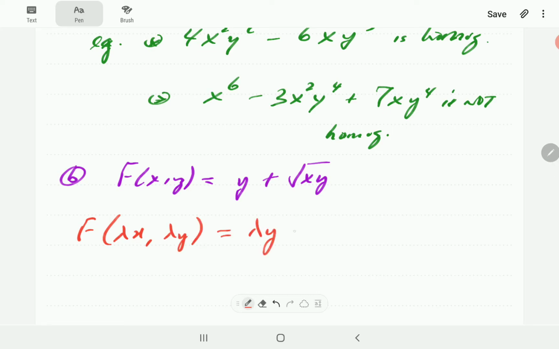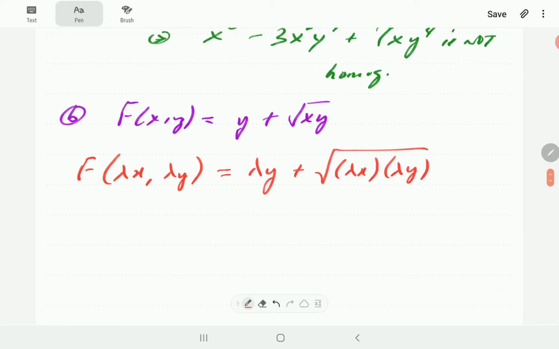So the first term is going to be lambda y. Then the second term is going to be the square root of lambda x times lambda y. If we remove the brackets inside the square root, it's going to be lambda squared xy.